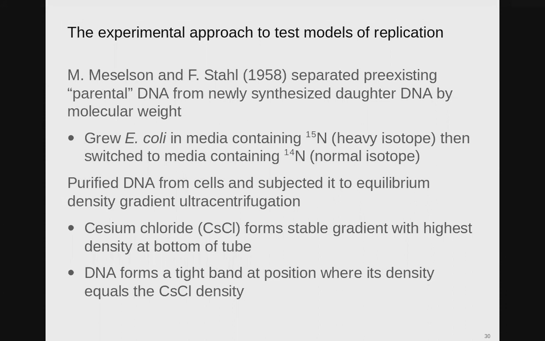So that's that massive stuff they did, but they did it with a chemical called cesium chloride, which forms that density gradient, putting the highest density at the bottom of the tube and the lowest density at the top of the tube, which again helps separate things based on mass. And DNA itself will form a tight band at a position where its density is equal to the cesium chloride gradient, right?